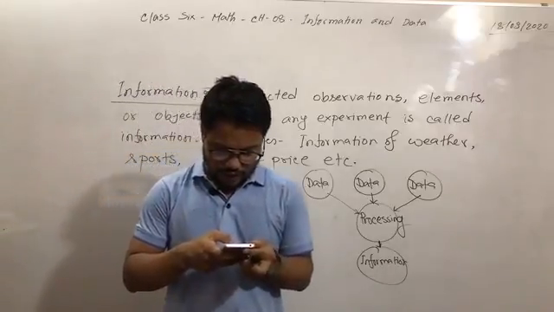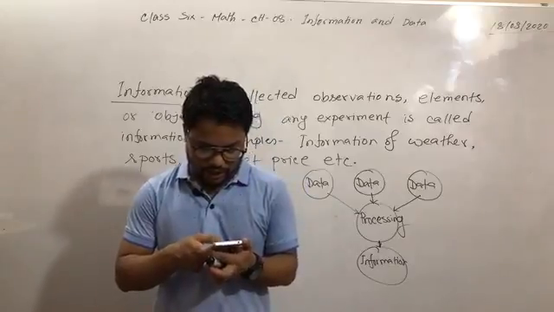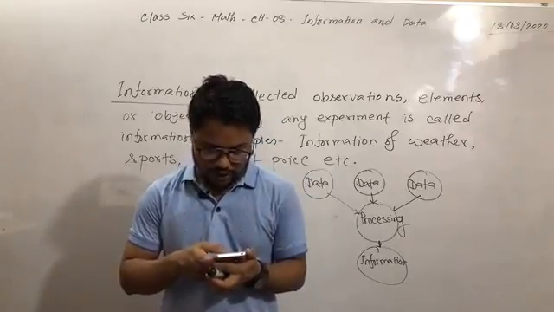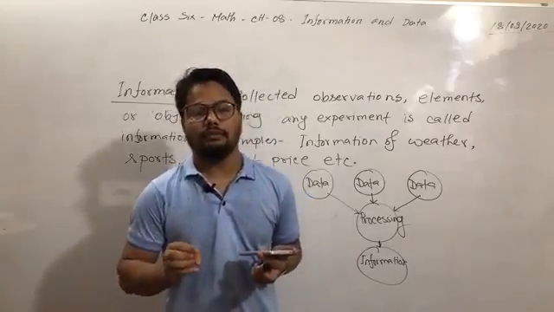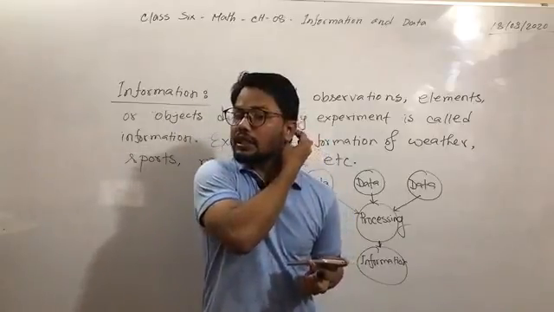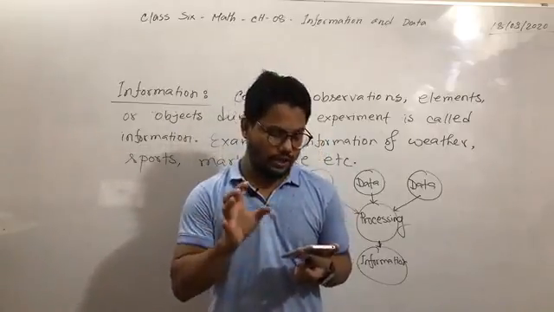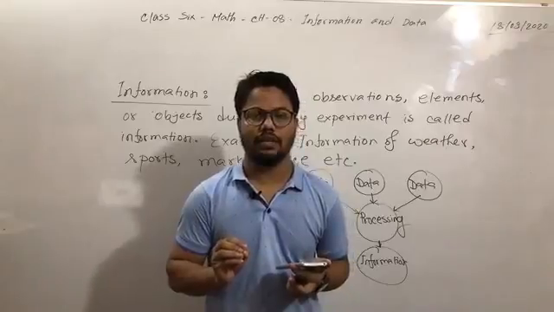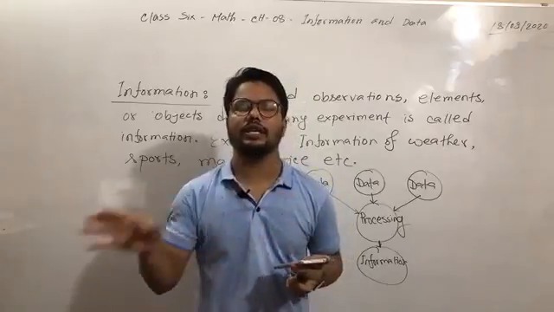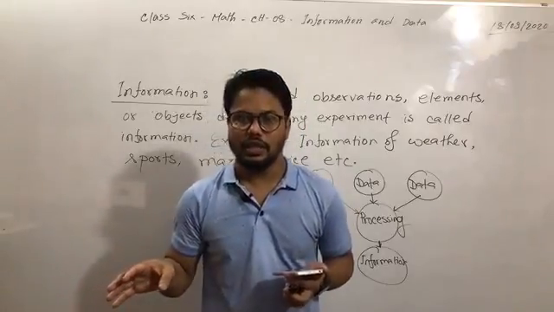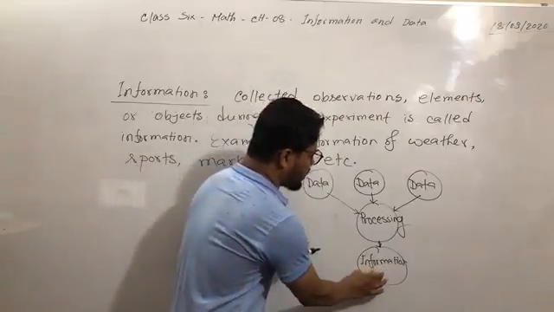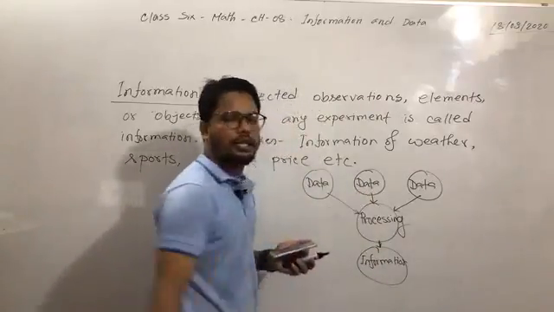Now, my dear students, you can take the screenshot of the definitions of data and information. Most of the time students cannot identify what is the difference between them. What is the difference between data and informations? Information is completely dependent on the data.